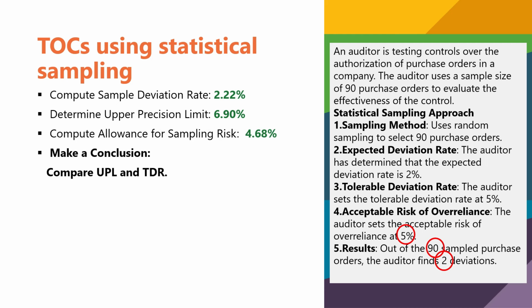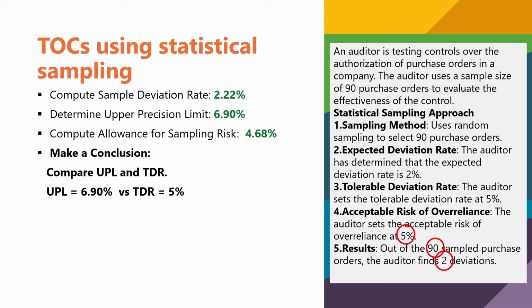In the case of statistical sampling, the conclusion of the auditor will be based upon the comparison of the upper precision limit and the tolerable deviation rate. In our case, the upper precision limit is 6.9, but the auditor is only willing to tolerate 5%.